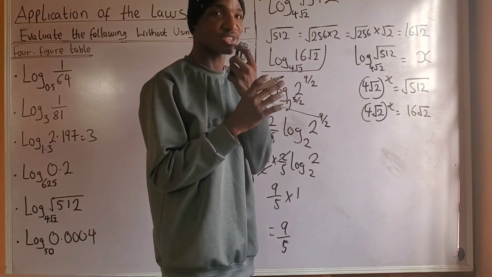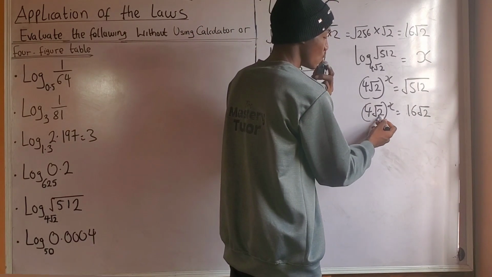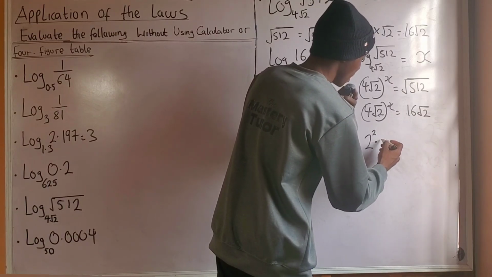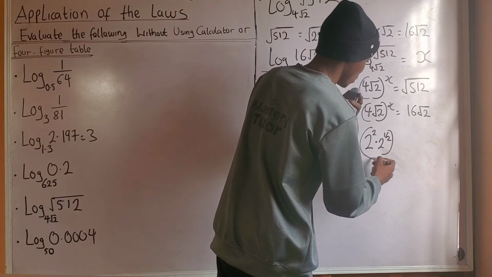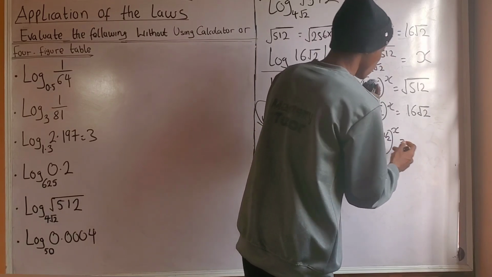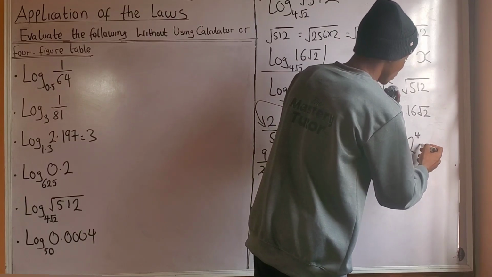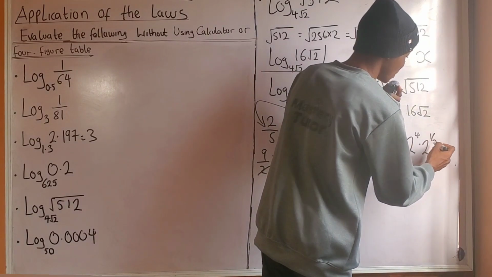Now, I want you to pay attention here. Do you know that 4 root 2 can be written as 2 raised to the power of 2 multiplied by 2 raised to the power of 1 over 2, all raised to the power of x, equals, now 16 can be written as 2 raised to the power of 4 multiplied by root 2. Now, root 2 can be written as 2 raised to the power 1 over 2, right?